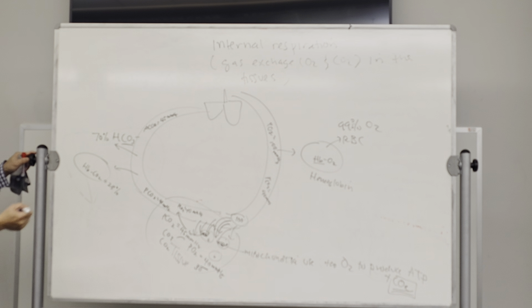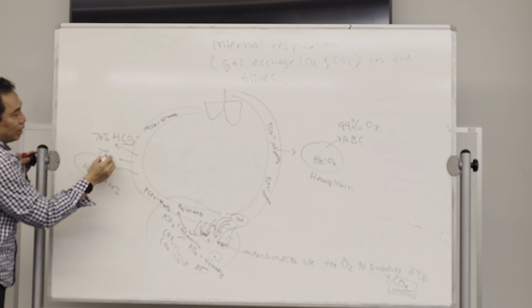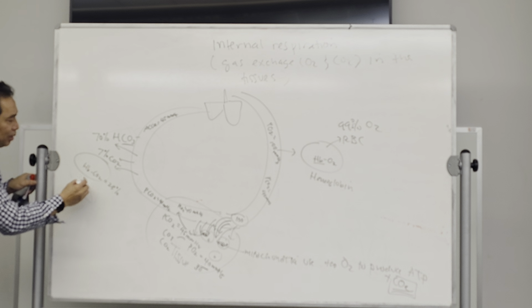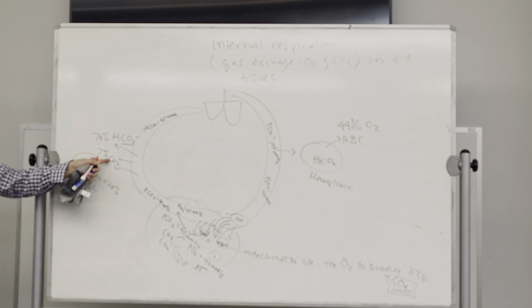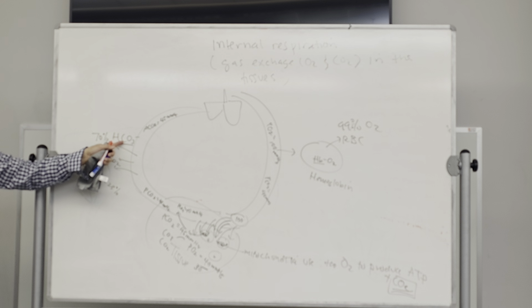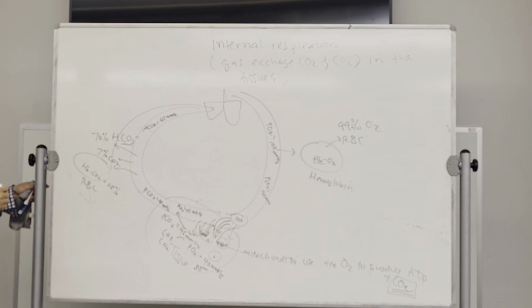And the other 7% is dissolved carbon dioxide in the blood plasma. So 23% carried by the red blood cell with the hemoglobin, 7% in the dissolved part of the blood plasma, and 70% in the form of carbonic acid. So this is the one that will be carried into the lungs for the external respiration.